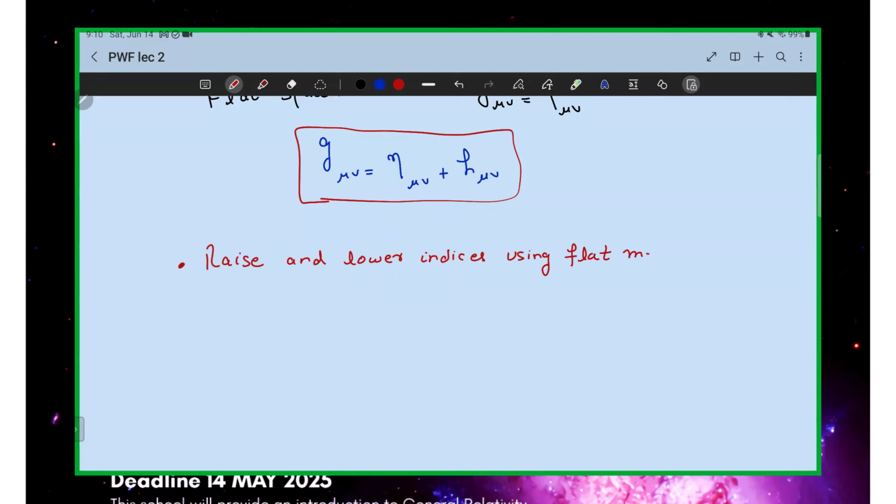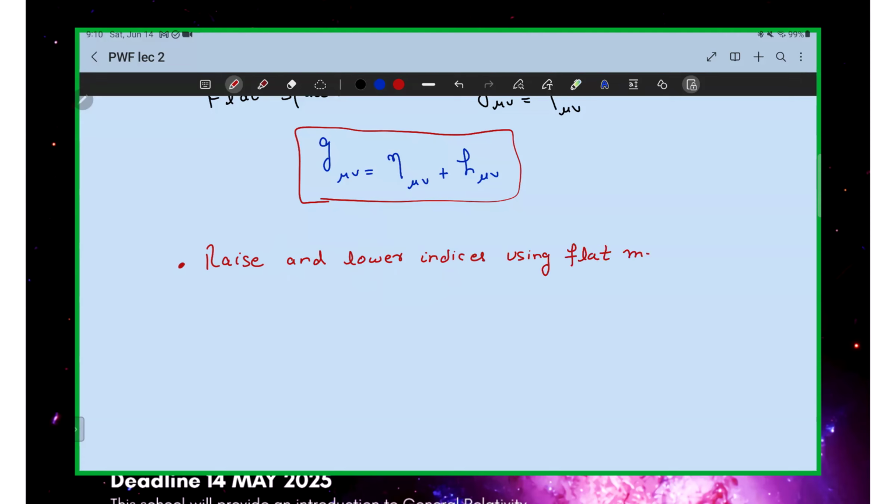What is the condition for ignoring the h mu nu T mu nu term? Well, we only want the first order terms, right? If you expand this Einstein field equation, you will get one term which has no h, and then you get one term which is of order h. So you just want the first order term.